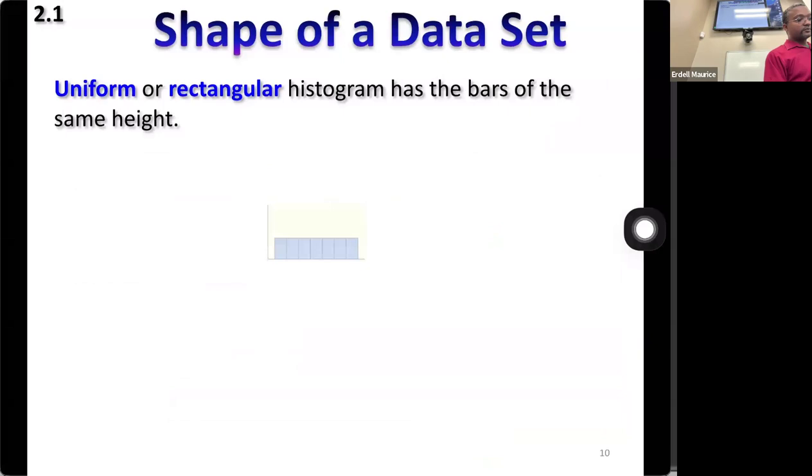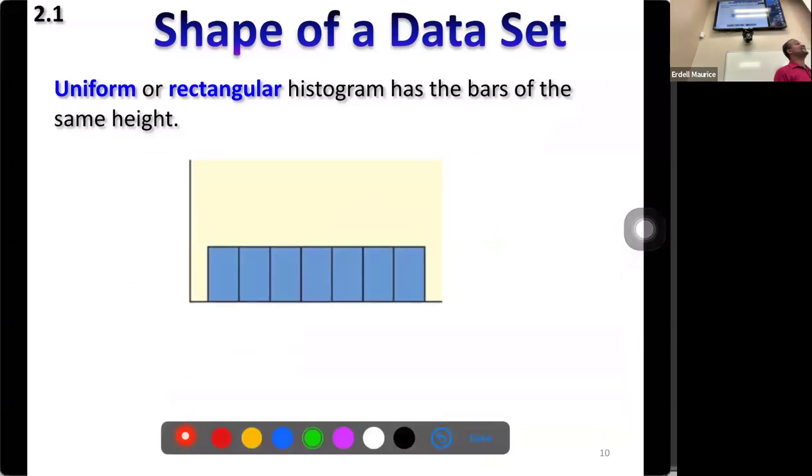For example, you can have what's called a uniform data set. In a uniform data set, all of them have exactly the same chance of happening, so they have the same height. In real life, what might be a uniform distribution? Not the age of tires, not the weight of tires, the height.